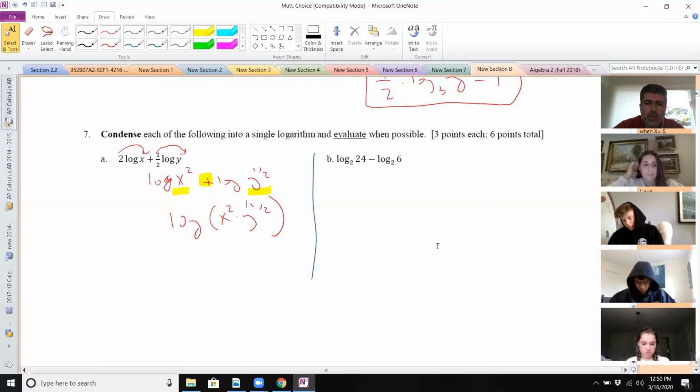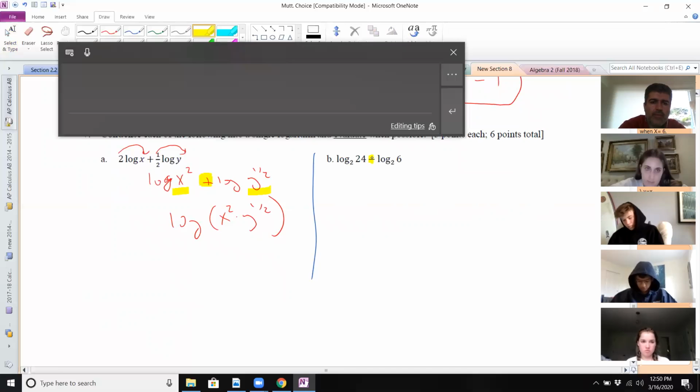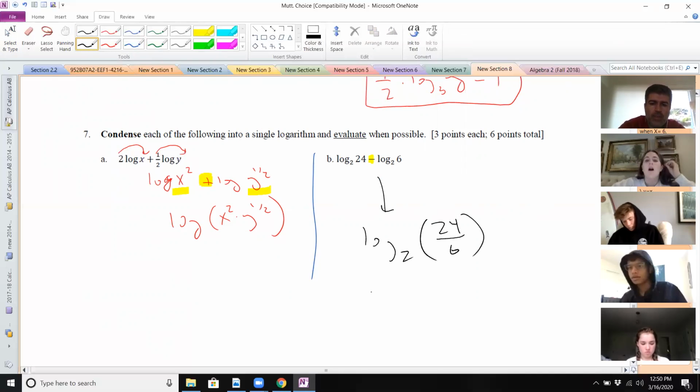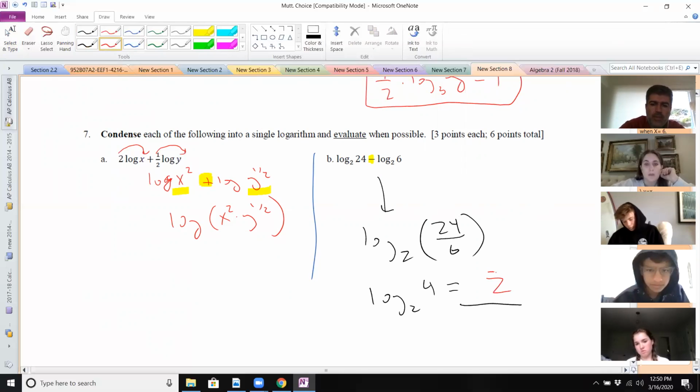Then let's talk about this. There's a minus in between, so I'm going to divide. It's got log base 2 of 24 over 6. 24 over 6 is easy. That's just 4 straight up. And that's totally going to be 2, because 2 to the second power is 4.